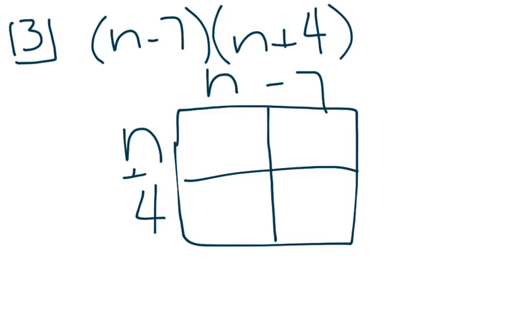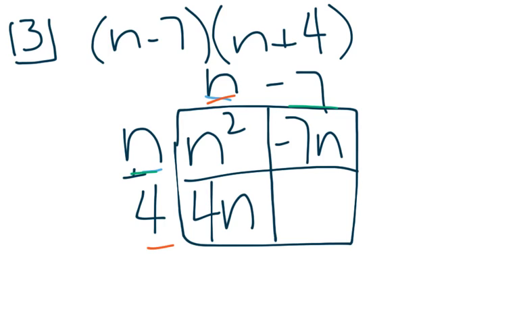So in this first box, we have n times n, that's n squared. In this second box, we have negative 7 times n, that's negative 7n. In the third box, we have n times 4, that's 4n. And in this last box, we have negative 7 times 4, that is negative 28.